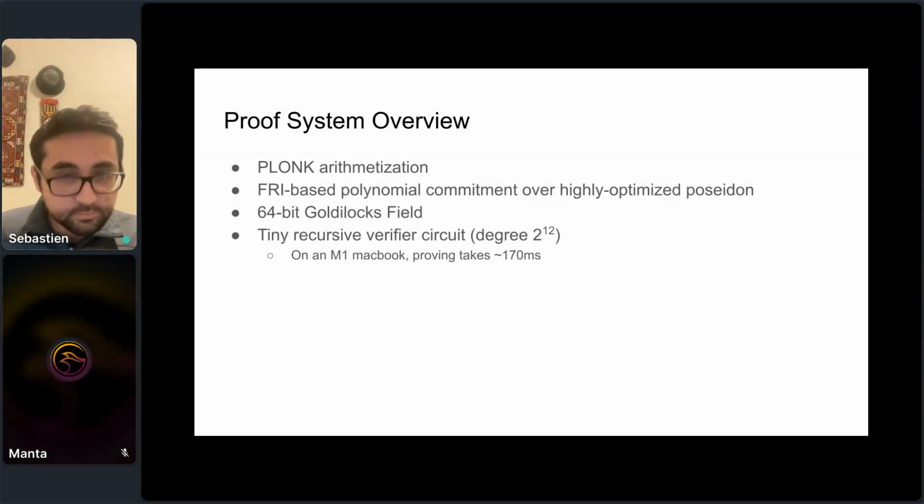That means it's transparent. Now, performance-wise, it gets its performance from using a small field, a 64-bit field called Goldilocks, which is small enough to fit in a single CPU register. And the multiplications are much faster, 40 times faster, because they're much more friendly to modern hardware.